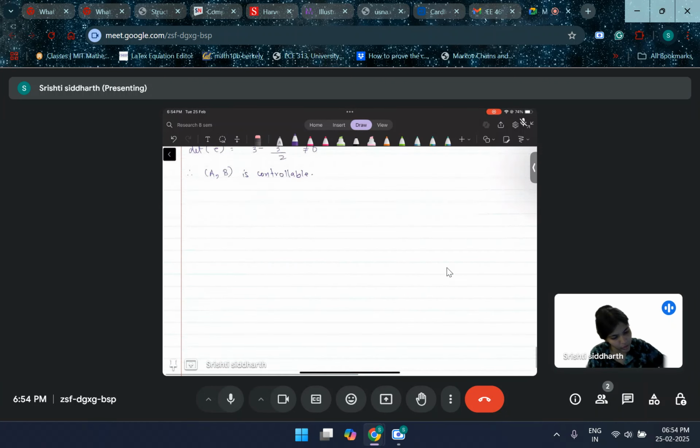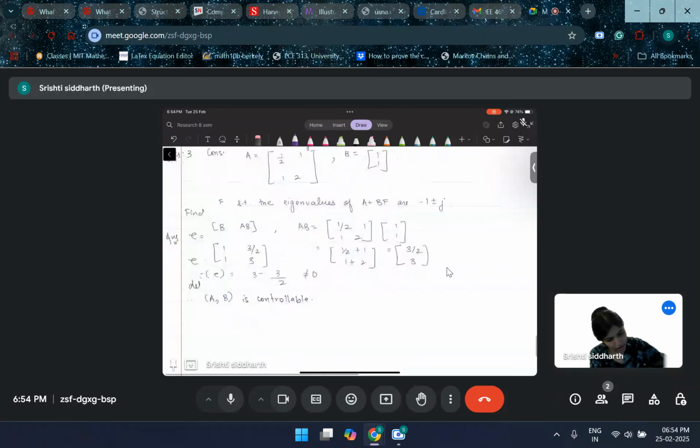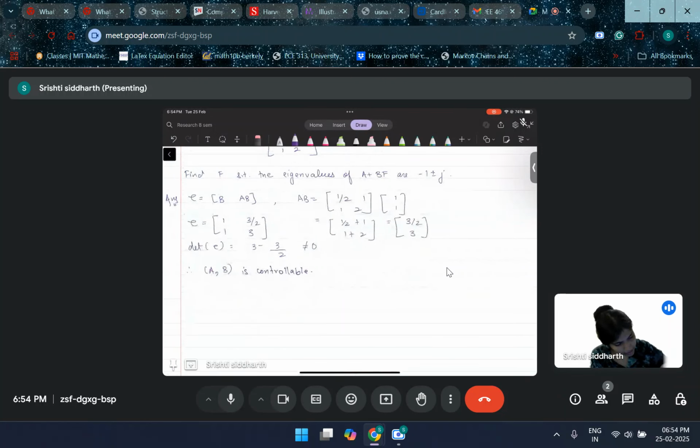Alright, so we want to place the eigenvalues at minus 1 plus minus j. So the desired characteristic equation becomes s plus 1 plus j times s plus 1 minus j, which should be equal to 0.